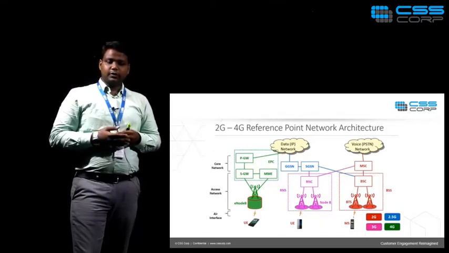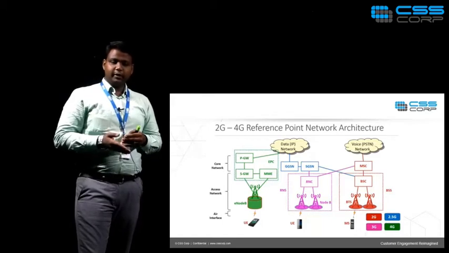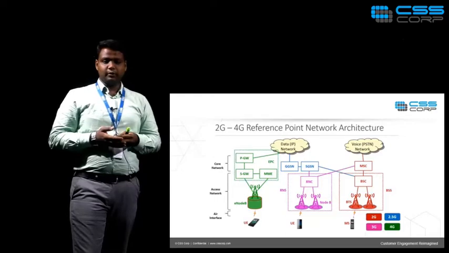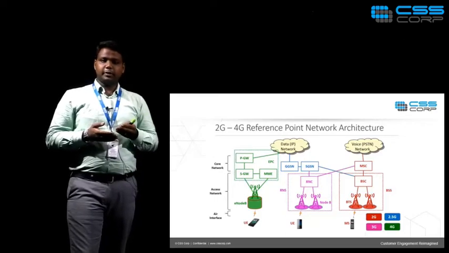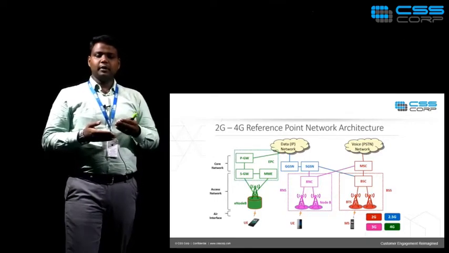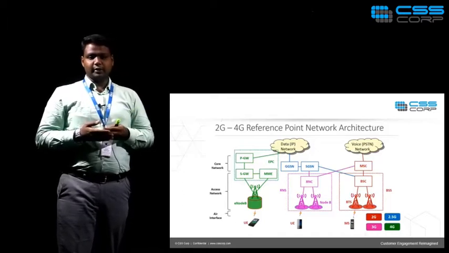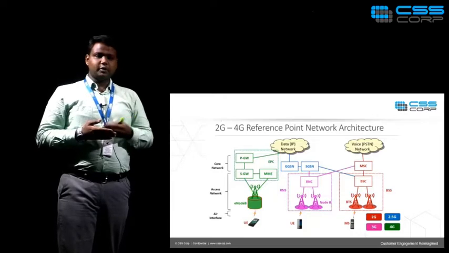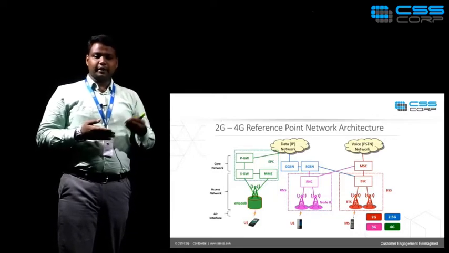Same for the 4G, the user will be connected to eNode B, and from the eNode B it is directly connected to the MME and SGW. The MME and SGW are interconnected, and SGW to PGW it will be connected. So this PGW, SGW and MME are said to be the EPC, Evolved Packet Core.